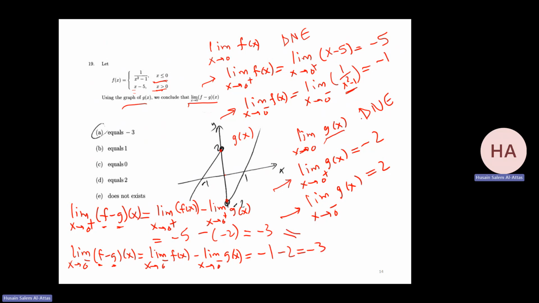Both are the same. Look, limit of f of x as it goes to 0 does not exist. Limit of g of x as it goes to 0 does not exist. But their difference, the limit is the same from left and from right. So that means the limit as x goes to 0 of f minus g at x will equal minus 3. And that will be my answer.